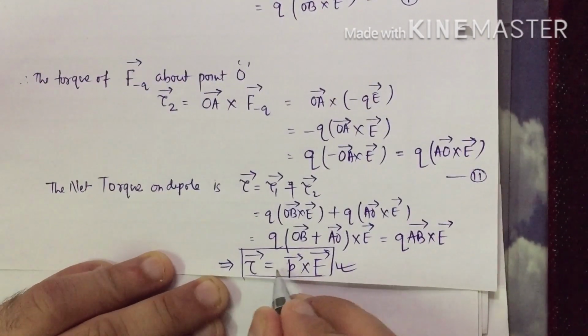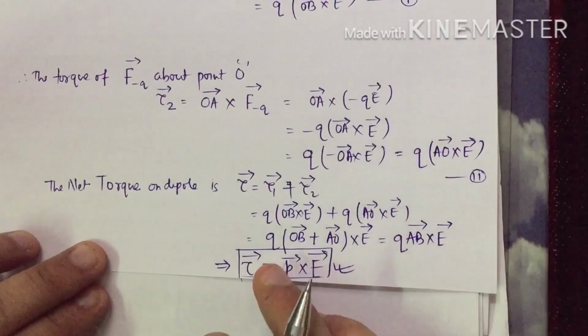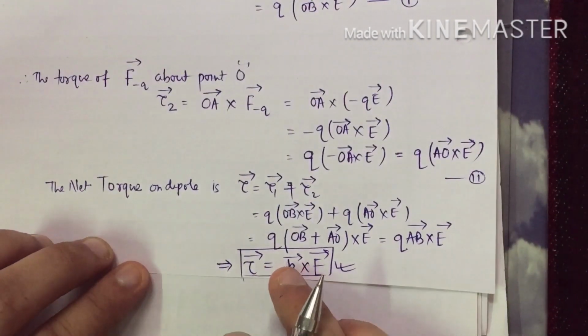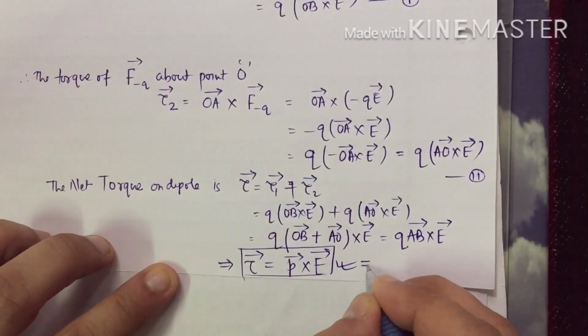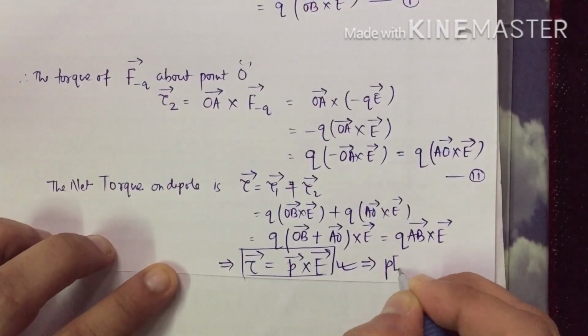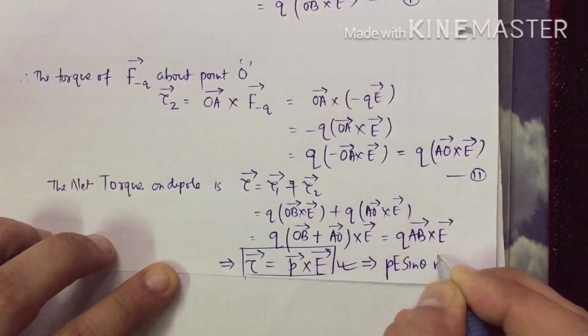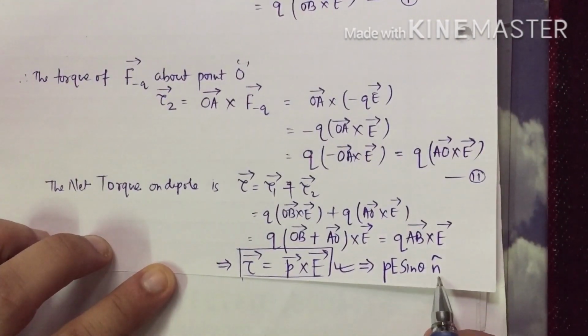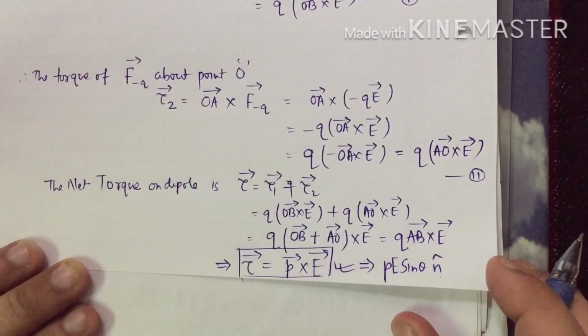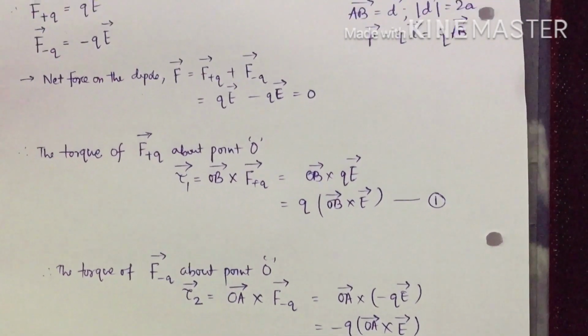This is the expression for the torque, which is the cross product of P and E. If you open this, you will get PE sine theta n cap. N cap is the direction of this torque, which is given by the right hand screw rule.